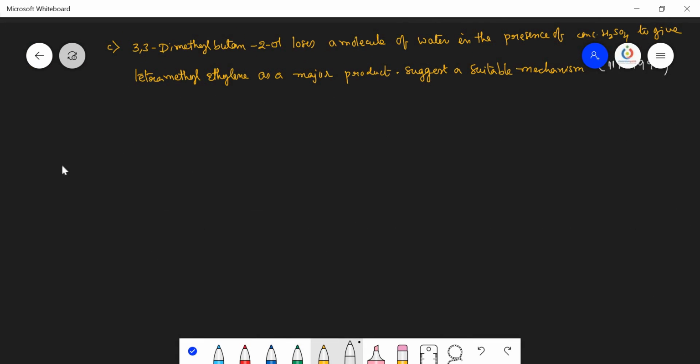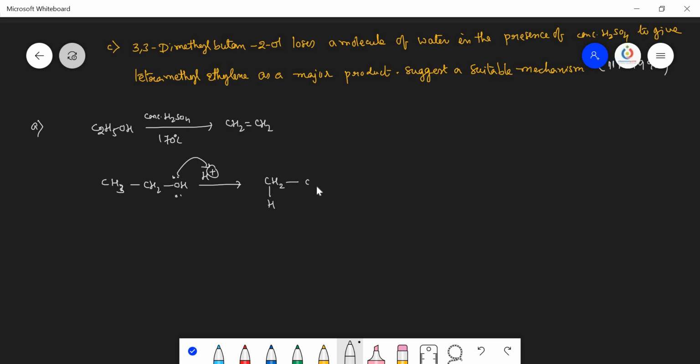So the first one is dehydration of ethyl alcohol, C2H5OH, concentrated H2SO4 at 170 degrees centigrade, formation of ethene. For this we need to provide the mechanism. CH3CH2OH. H plus from the H2SO4, the alcohol is protonated, giving CH3CH2OH2 plus.